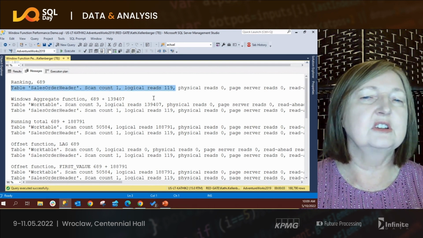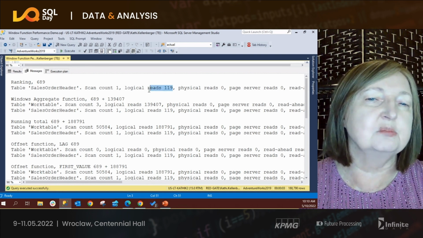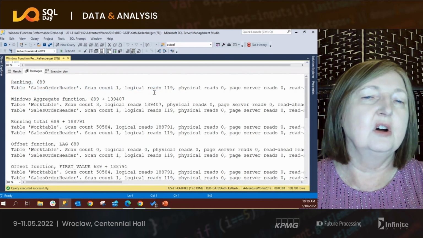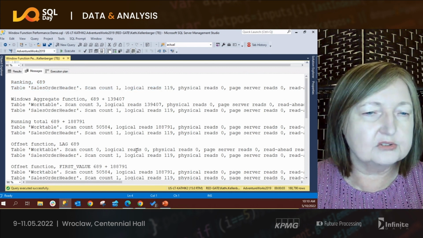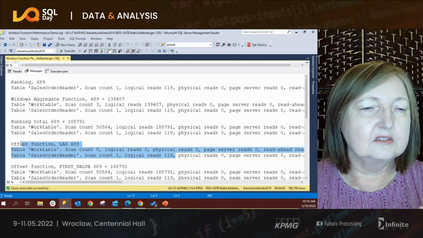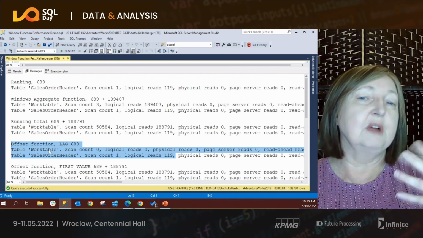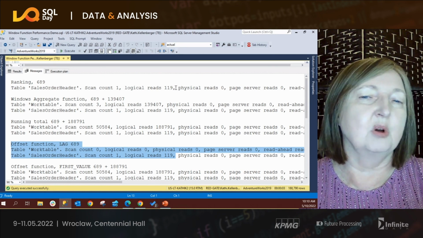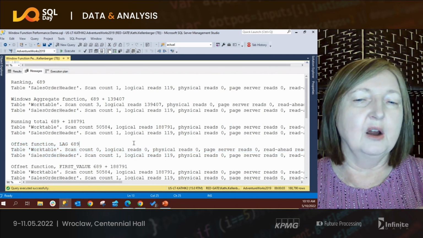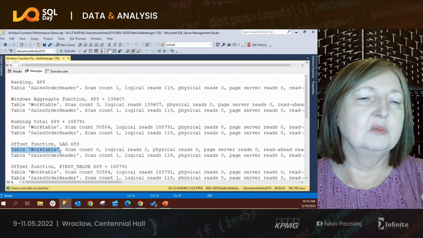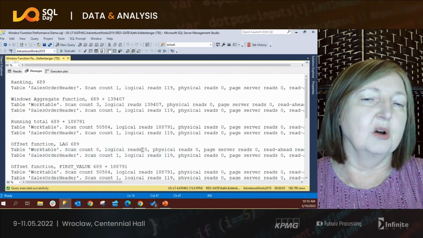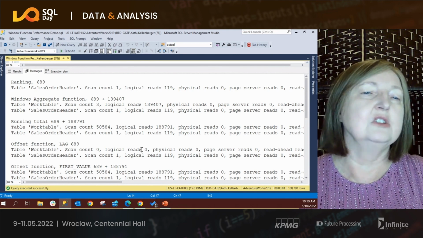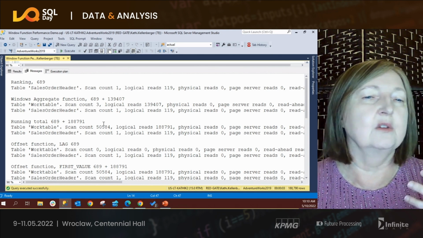So in this case, I'm also using a smaller object. So I was able to get the logical reads down on the ranking function, and also lag. I was able to get, actually in all cases, just scanning the table, a smaller number of logical reads. But now I do still have a work table with lag, but it's 0. So those are improved, and there's not much more I can do with those. So lag and ranking are fine.